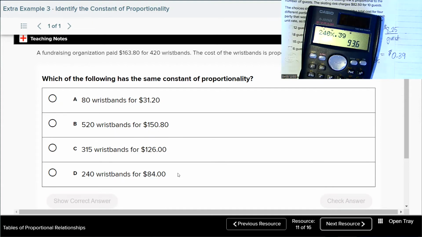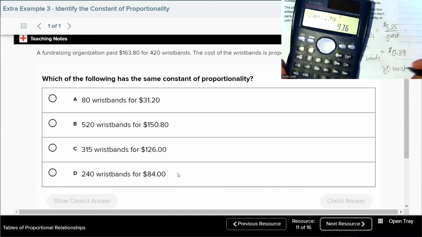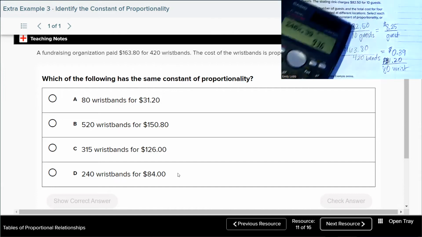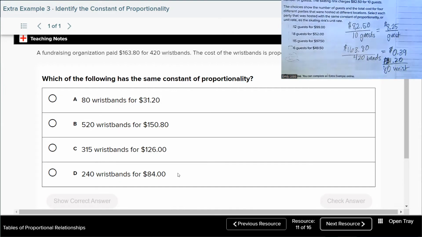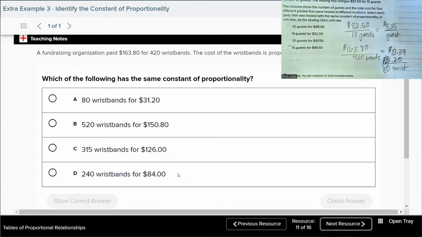So they actually saved money there. So the answer here would be A. So this is the same as 80 wristbands charging $31.20 for 80 wristbands. These are equivalent. Sorry, my hand got a little wild there.